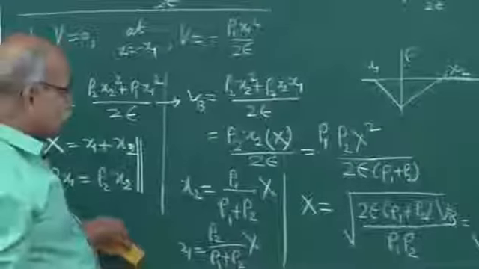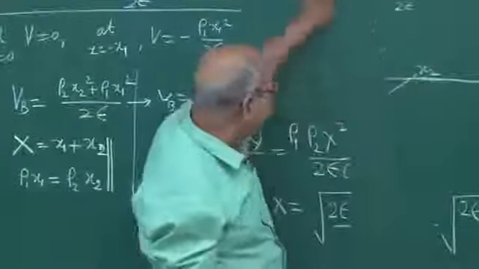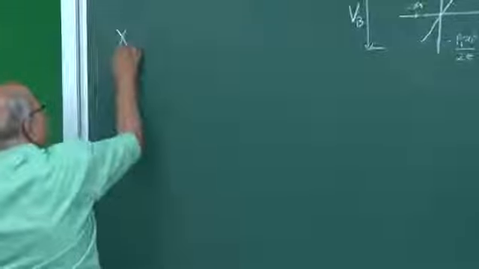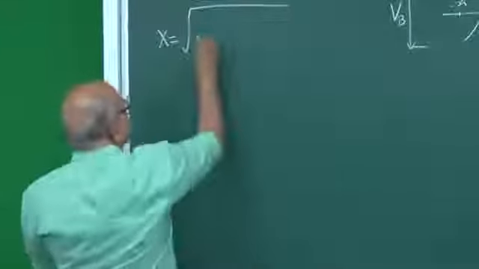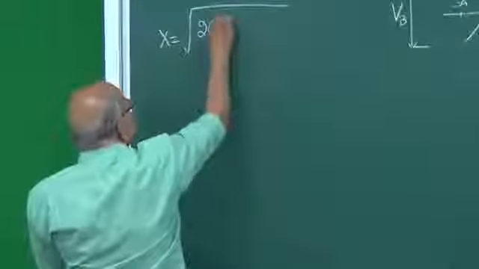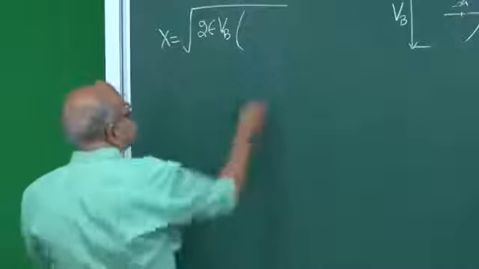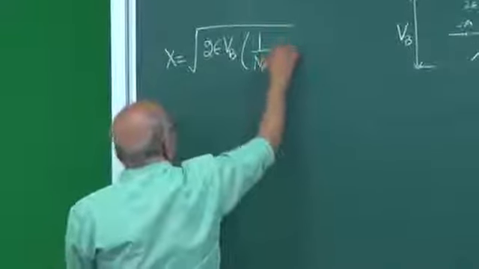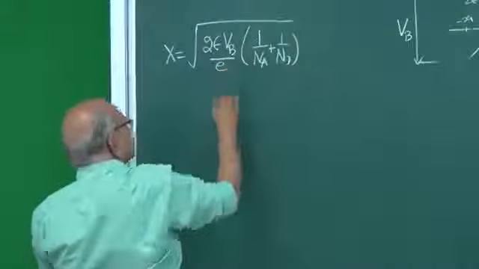All right, so what is the final expression? So this x is equal to the square root of 2 epsilon VB, and then here I write 1 over Na plus 1 over Nd, and E here.